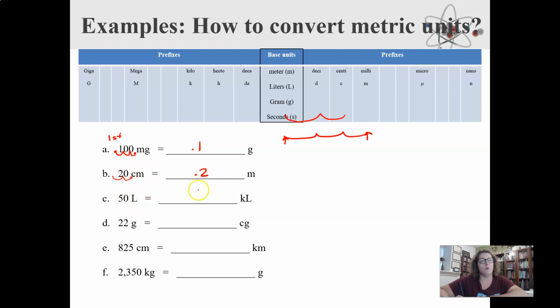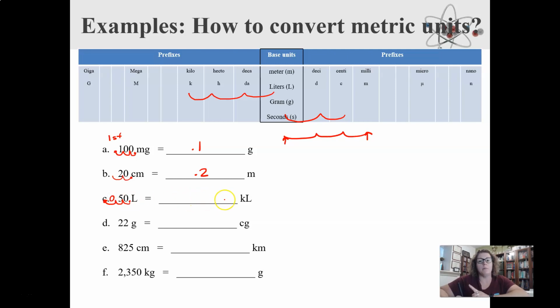50 liters going to kiloliters. So liters is right here in the box, and kilo is over here. So I'm going to start here and go 1, 2, 3. I only have 1 sig fig, so my answer needs to stay 1 sig fig. And I'm going to start my decimal at the end and go 1, 2, 3. Now in this way, I do have to add a 0.